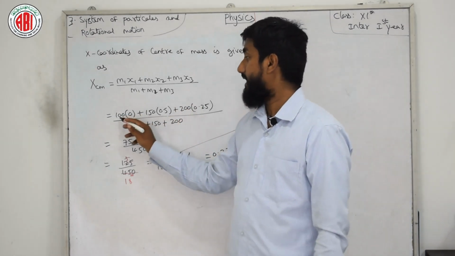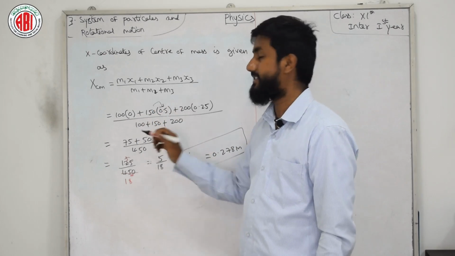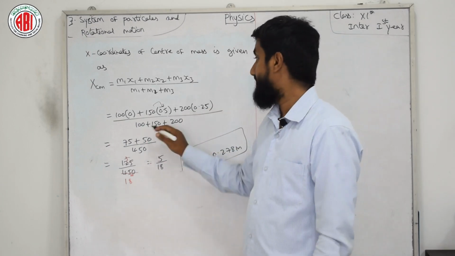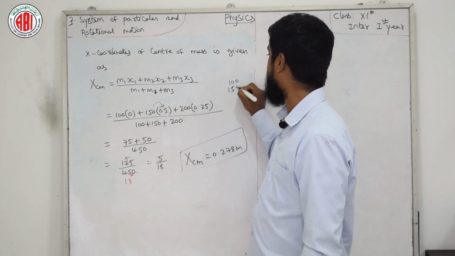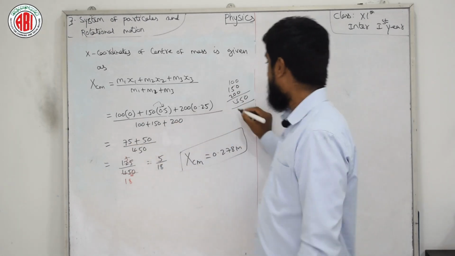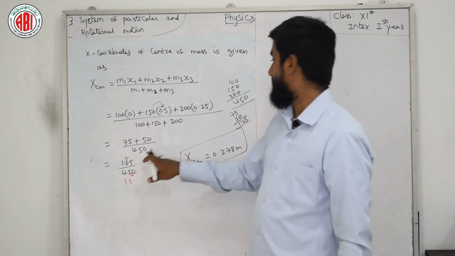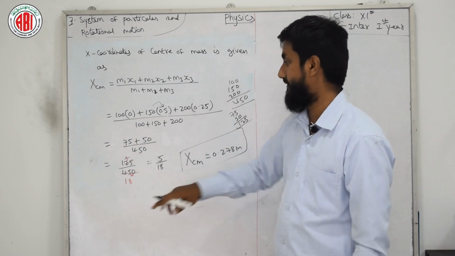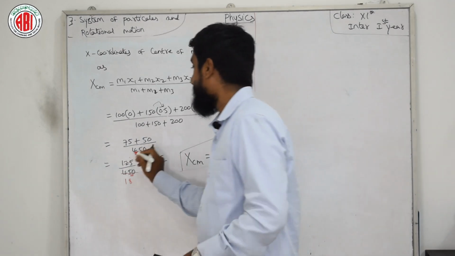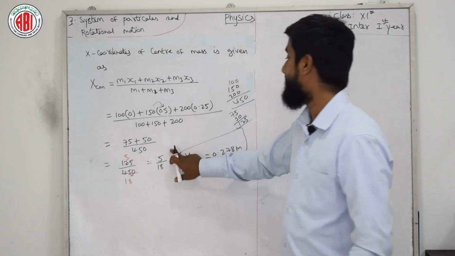After that, 100 into 0 is 0, 150 into 0.5 is 75, whereas 200 into 0.25 is 50. If we add 100, 150, 200, we get 450. Now we add 75 and 50, so we get 125. So 125 by 450, and we cut this with the 25 table: 25 fives are 125, 25 eighteens are 450.